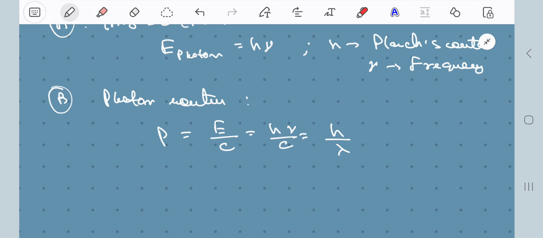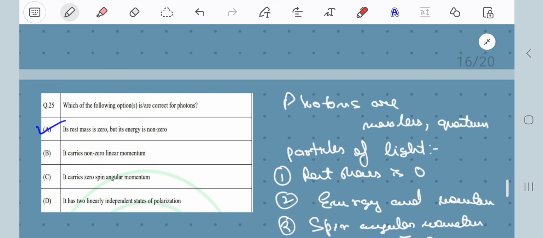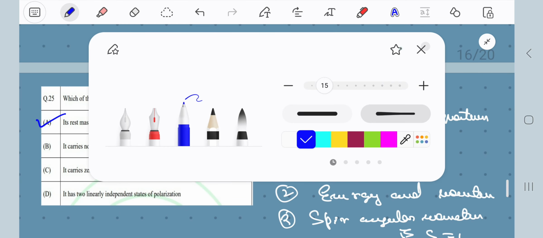Therefore it has non-zero linear momentum. Sorry, I was about to say it doesn't have zero linear momentum. So this is a non-zero linear momentum. Fine, so let us quickly mark option B as well.